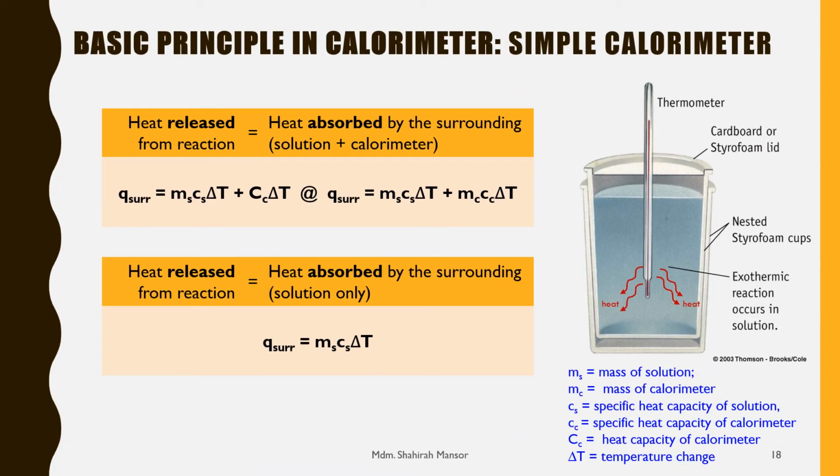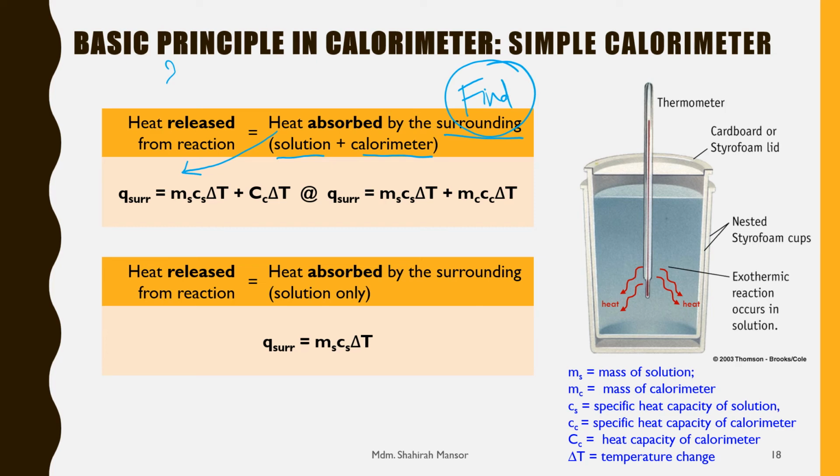So to know how many heat released from the reaction, we must get it from the heat surrounding dahulu. So at first, we have to find or calculate the heat absorbed by the surrounding. So di sini sekiranya both solution and calorimeter ini adalah surrounding, this will be the formula to calculate the Q surrounding.